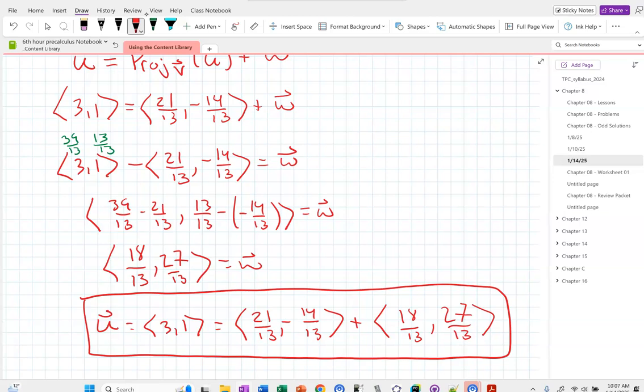So that's how I rewrite u as the sum of two orthogonal vectors, one of which is in the same direction of v, that being the projection vector. Is that okay? Okay.